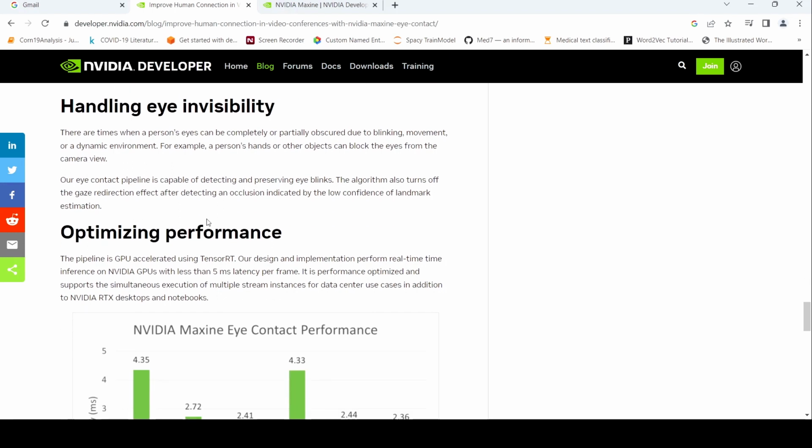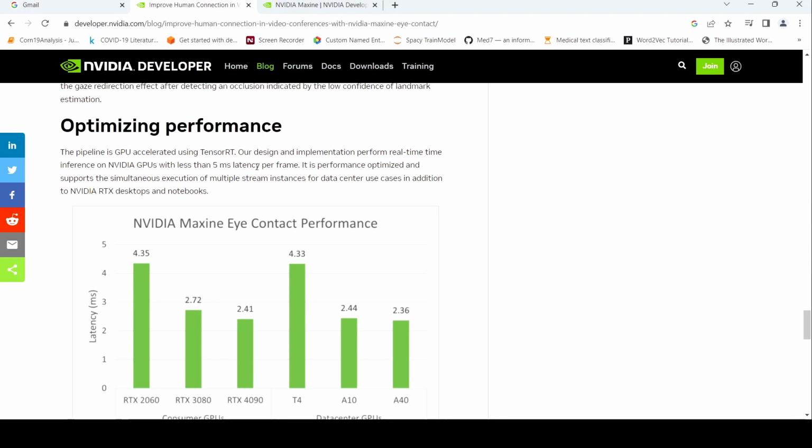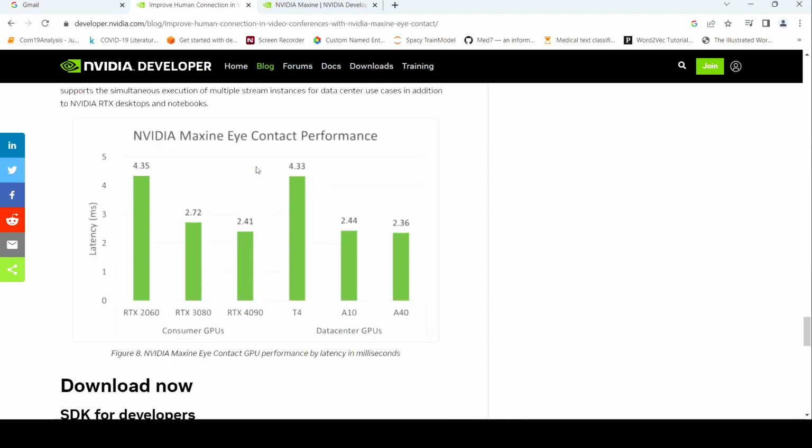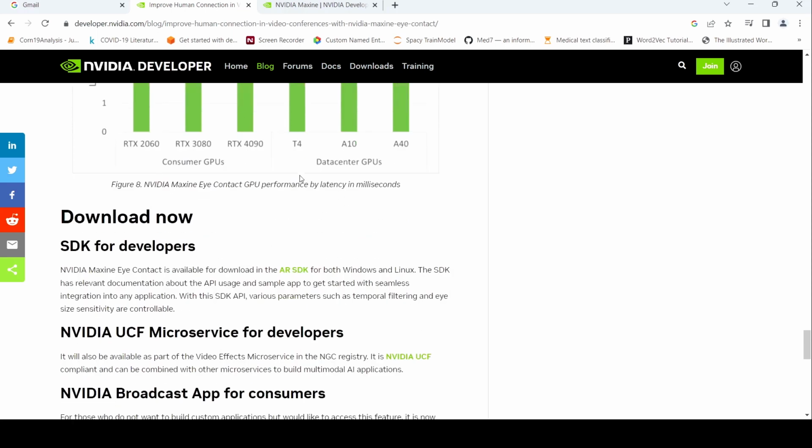So what if a person's hand or object blocks the eyes from the camera view? And they say that this is GPU accelerated using TensorRT and inference with less than 5 millisecond latency per frame. So that is what they are saying, inference happens in real time. It can work on RTX desktops, notebooks, in addition to data center use cases.